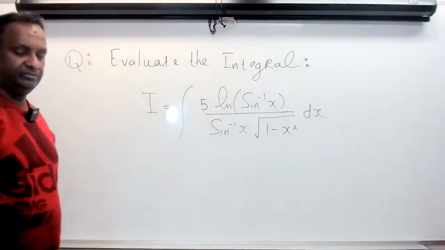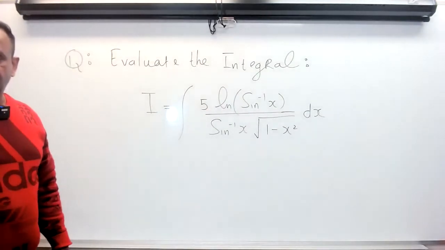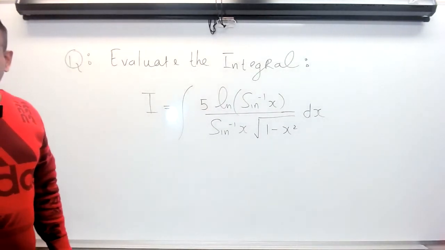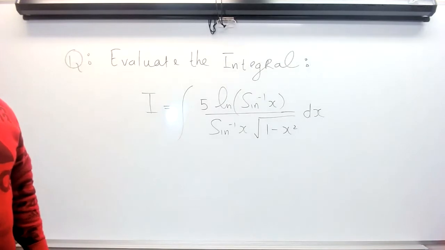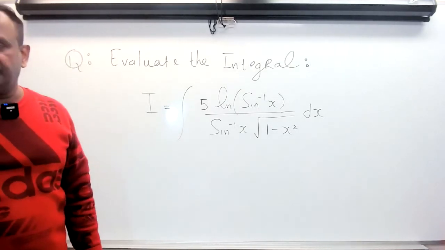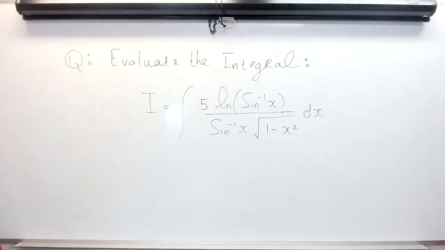Look at the integral: pi ln sine inverse x over sine inverse x times square root 1 minus x squared. How do you get this done?